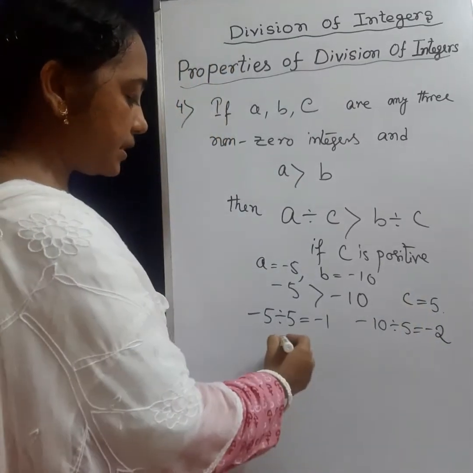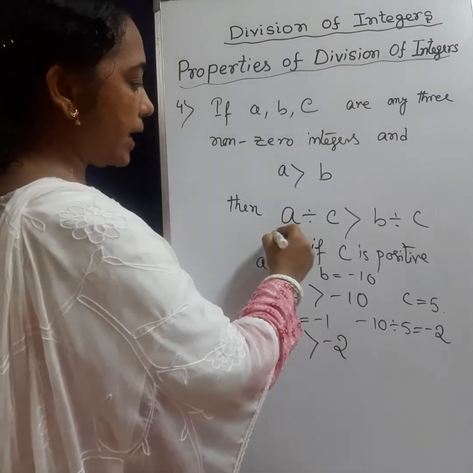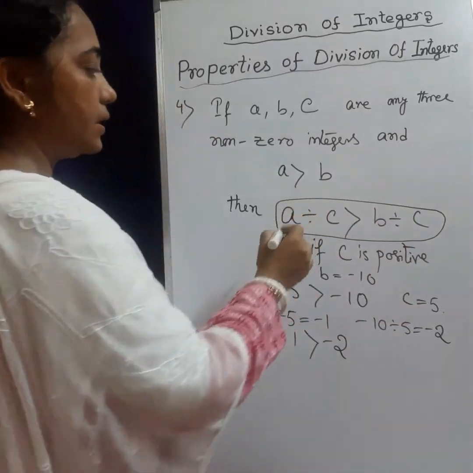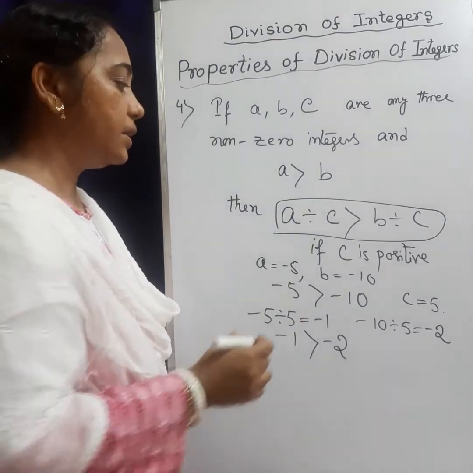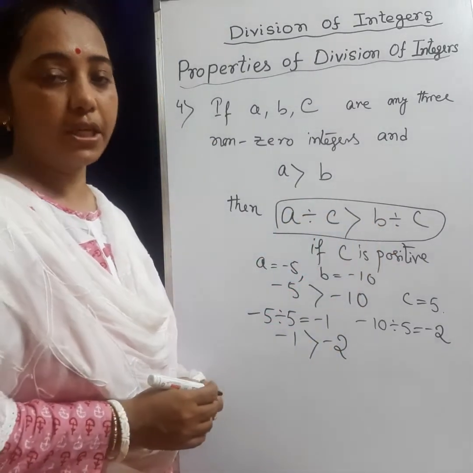So here we can see that -1 is greater than -2, which is true as this condition is already given, that if a is greater than b, then a ÷ c is greater than b ÷ c if c is positive.